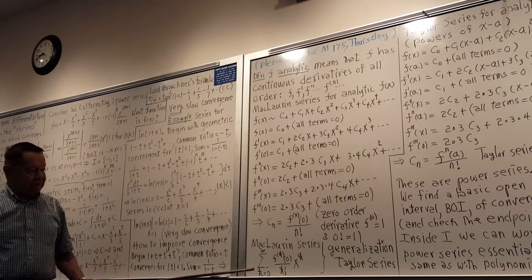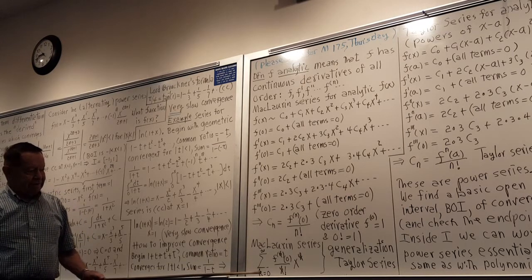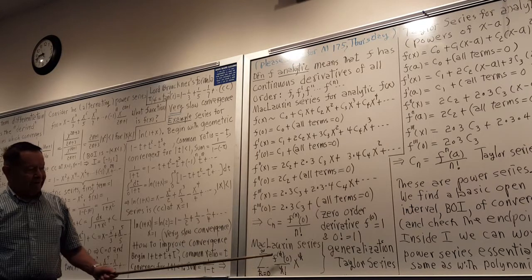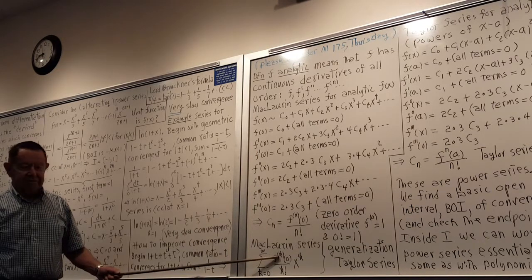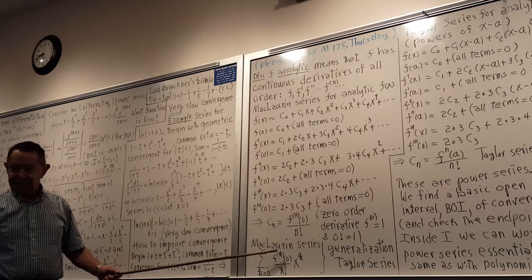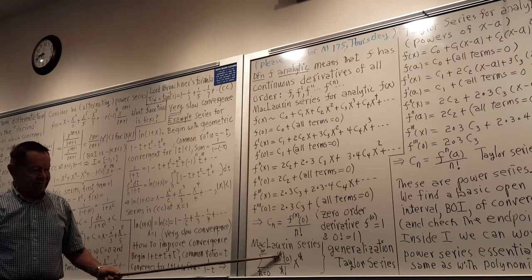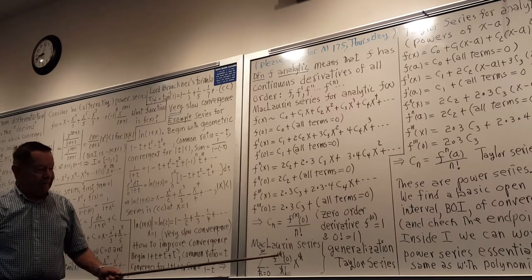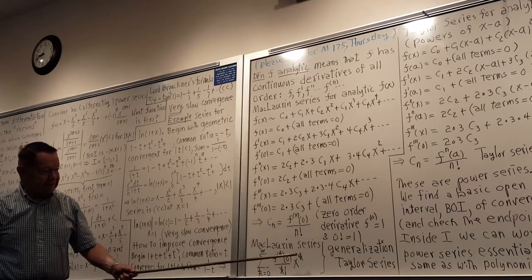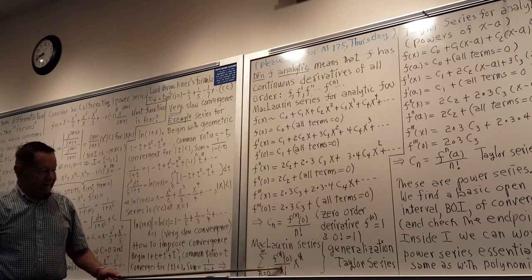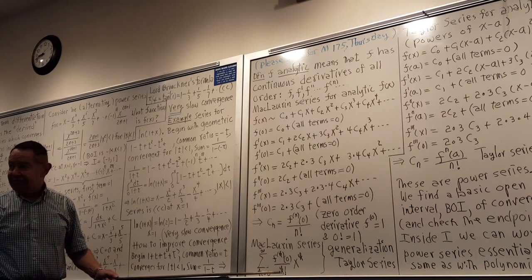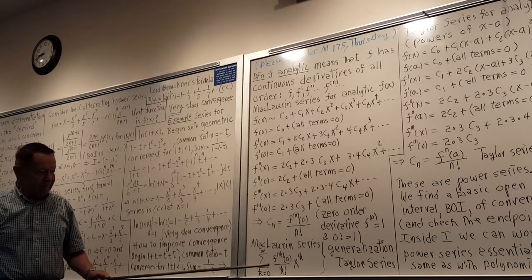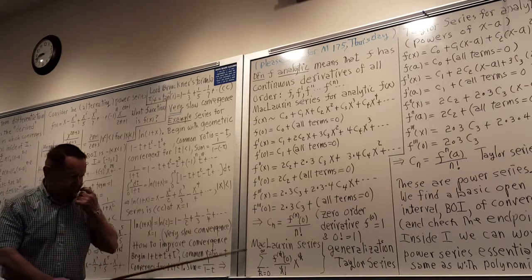So you can write your series then, starting k equals 0, the kth order derivative, where again the 0 order would just be 1, x to the k over k factorial, and 0 factorial would be 1.